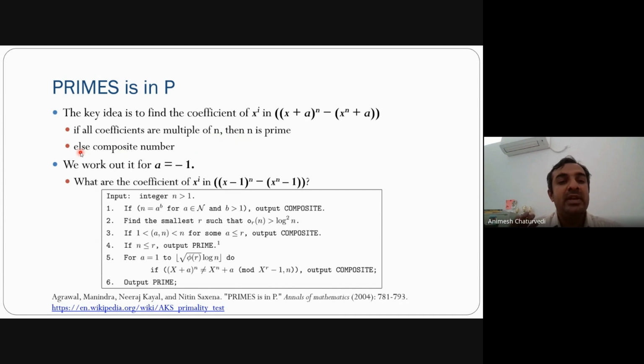Otherwise, it is said to be composite. They replaced a with -1, so (x - 1)^n. So a is simply replaced by -1. There is a clear connection between this and this. So this equation is transformed like this. Then they proposed this same thing as an algorithm.